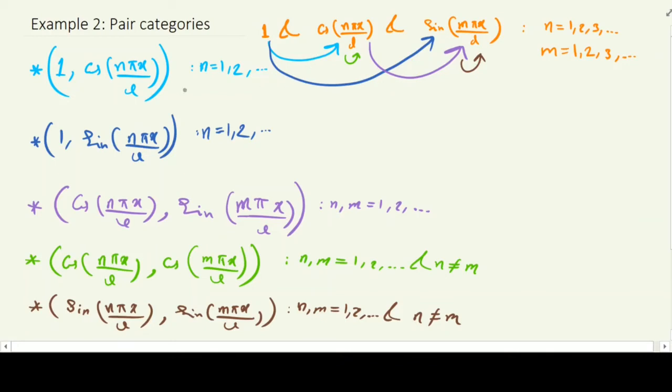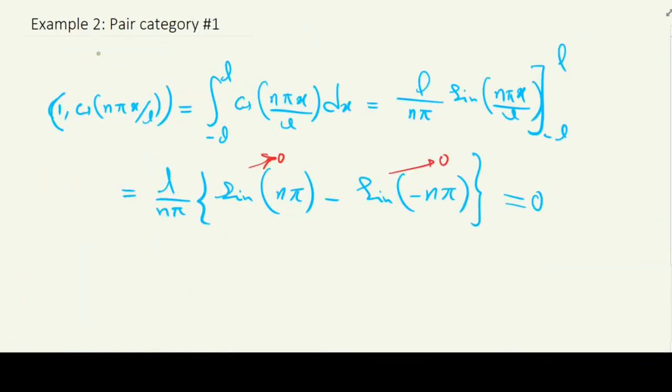So our job is to calculate all these inner products and see if all of them are going to be 0. If that's the case, that means that this infinite set is going to be orthogonal on that specific interval that we are looking at. Okay, so let's start with the first category, 1 and another function from the cosine family.